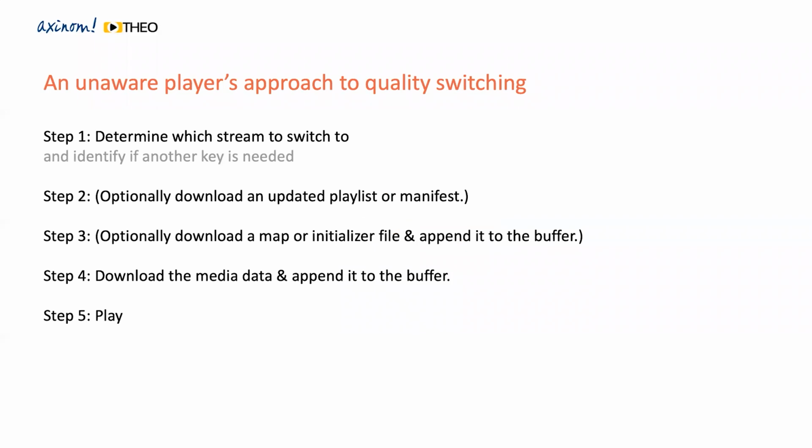First, a player should really identify if another key is needed. In some cases, this is visible just in the manifest, or in the playlist if you're using HLS. Once you have that updated playlist or manifest, you can see if a new key will be needed.